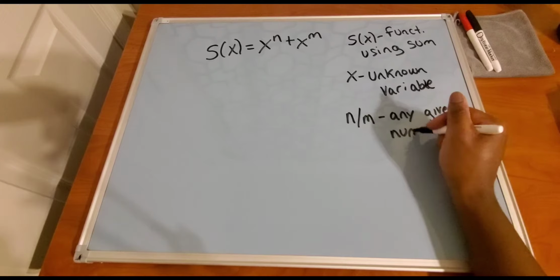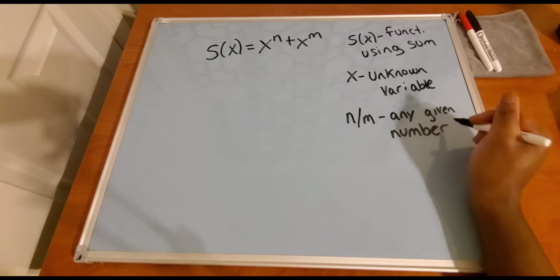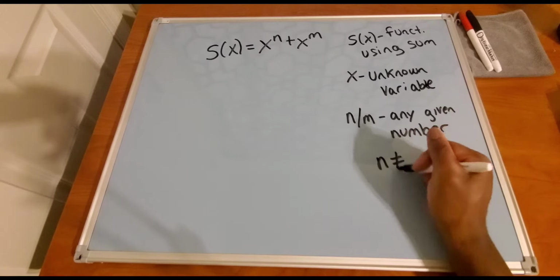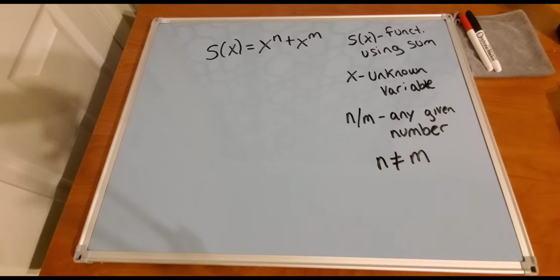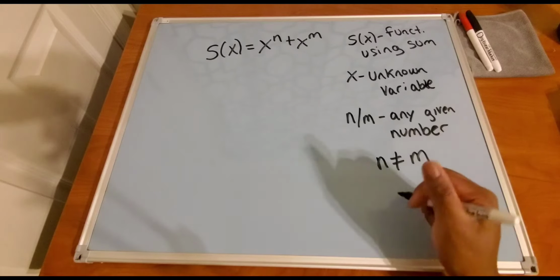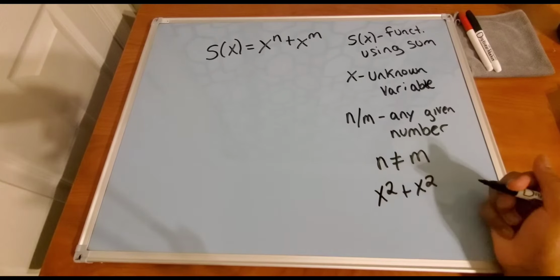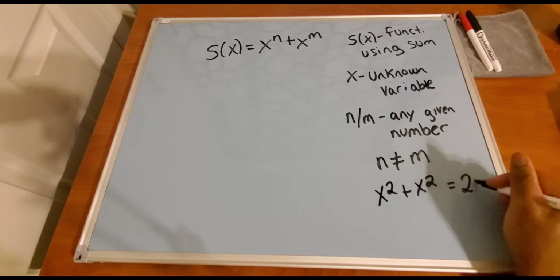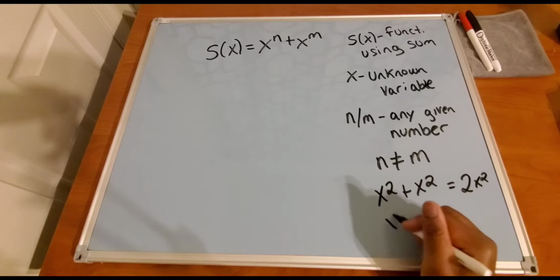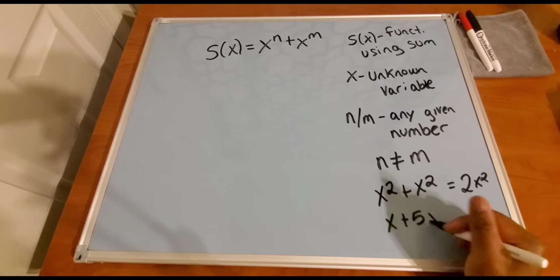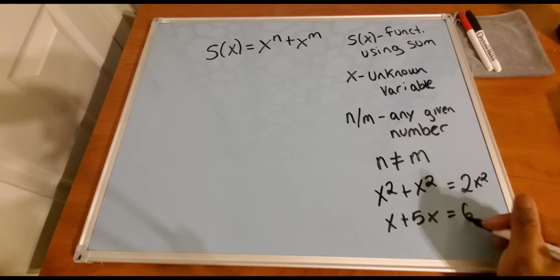And for the purpose of this video, I'm going to say that n is not equal to m. Because if it is, you don't have a sum rule, you just have a power rule. Let's say that we have x squared plus x squared. Well, you don't need to use sum rule because we know that's 2x squared. If we have x plus 5x, we don't need to use sum rule because we know it's 6x.